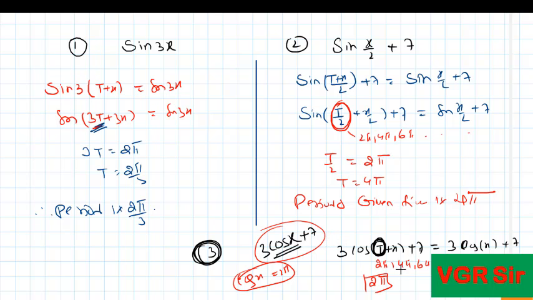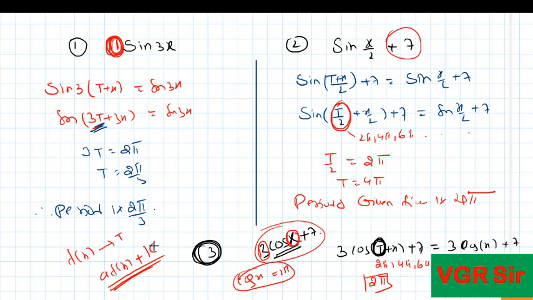What is important is that the period depends only upon x. It does not depend upon the coefficient of the sin or cos function, and the constant. Understood? That means the period is not affected by this coefficient, and not affected by the constants. If f of x is a function whose period is t, then a into f of x plus some k also has period t only.